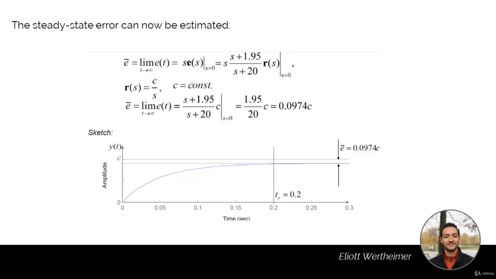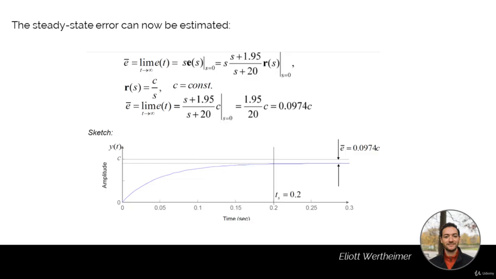So eventually you get that the limit of the error with respect to time as time goes to infinity is equal to (s plus 1.95) divided by (s plus 20) multiplied by the constant C, because the two other s's that were present before cancelled out, and all this as s goes to 0.